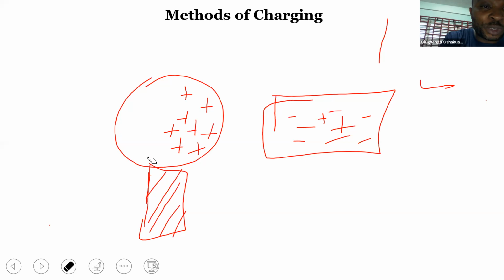Let's return this body back to normal: we have 8 positive charges and 8 negative charges.